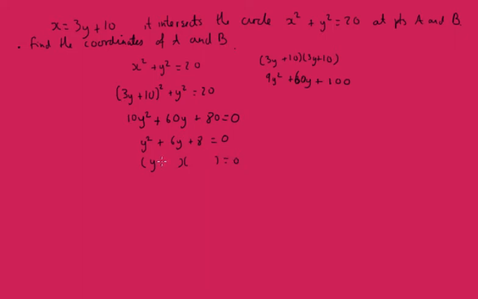is going to give us y plus 2 times y plus 4, so therefore y must be equal to minus 2, or y equals minus 4. Now if we slot this back in, when y equals minus 2, x must be 4, and when y equals minus 4, x must be minus 2. So the points A and B are 4, minus 2 and minus 2, minus 4.